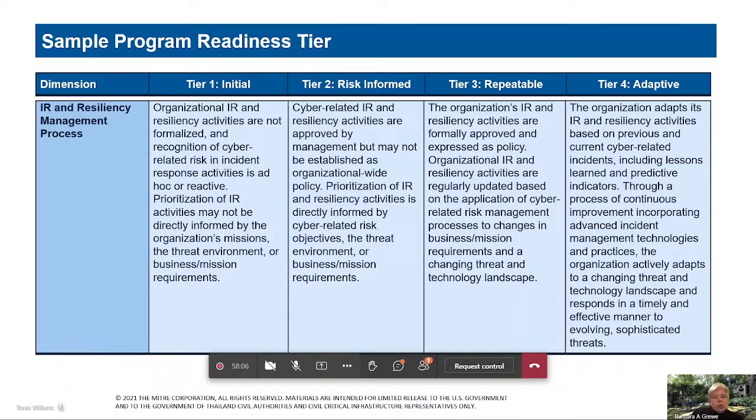So you can look at your own capabilities and determine which tier you are on for each of those organizational dimensions. And you can also see what you need to do to progress up those tiers in making your program more ready for some kind of incident.